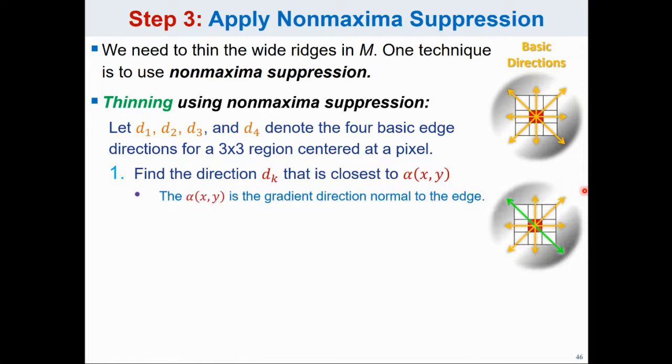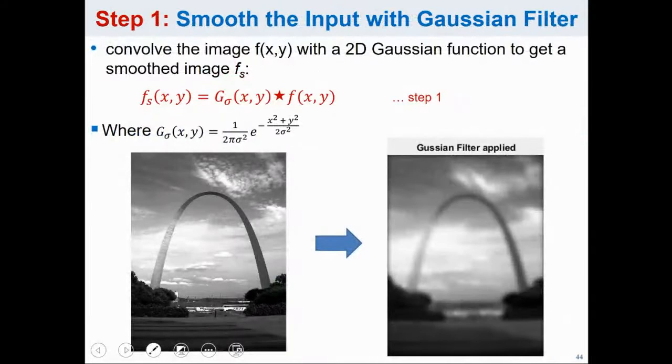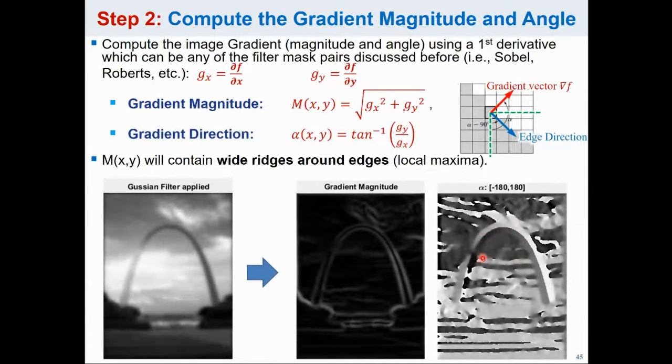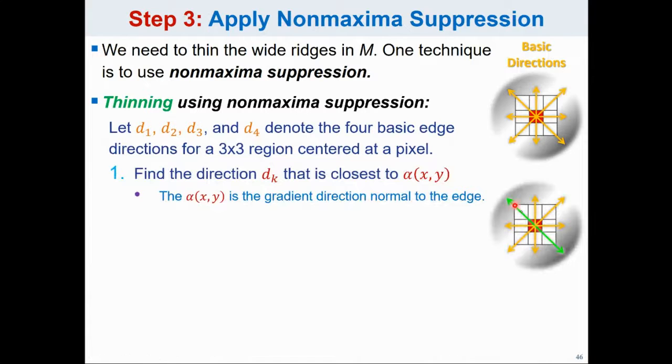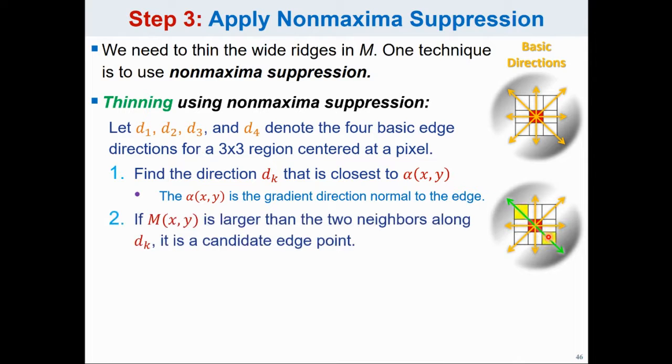Then what it will do is find the direction from one of these 4 that is normal to the edge. So find the direction that is closer to the alpha angle. What is the alpha angle? It is over here. If I have a pixel, I will find the value of alpha over here, and then find the direction that is very close to this alpha. Then I will look at the 2 pixels in the alpha direction.